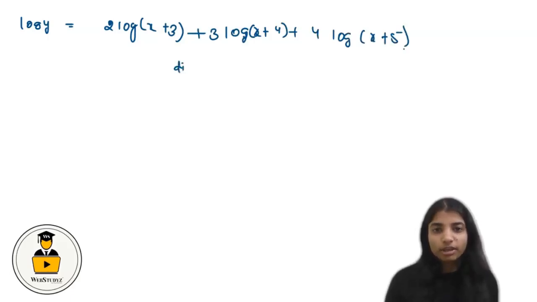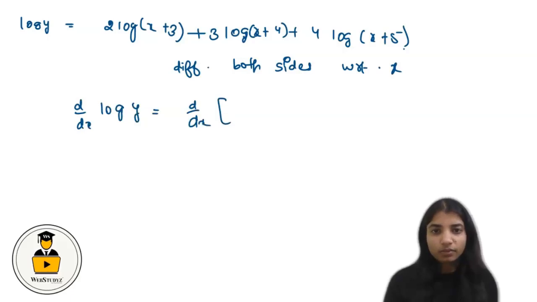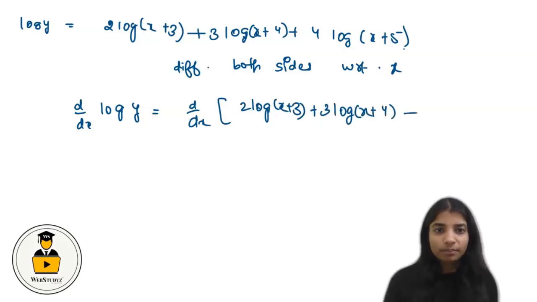Now we are going to differentiate both sides with respect to x. So this becomes d/dx of log of y equals d/dx of 2 log of (x+3) plus 3 log of (x+4) plus 4 log of (x+5).